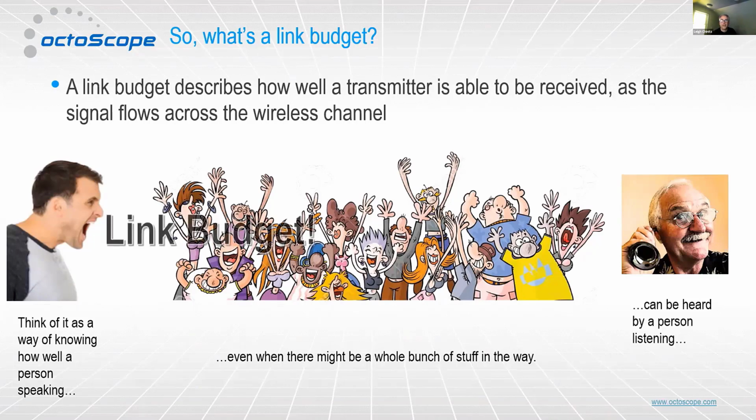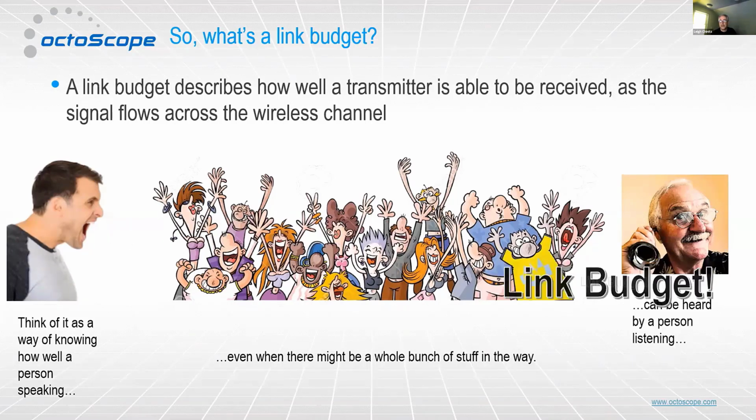So if this person yells the word "link budget," then by the time it reaches the person listening, it's a much quieter "link budget." And if everything works out, that person can still hear what the person speaking said.